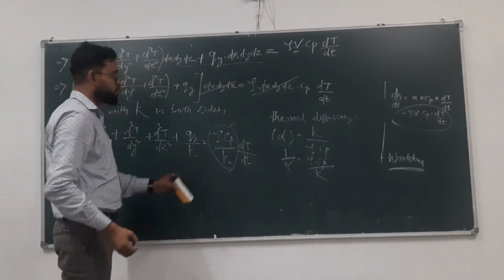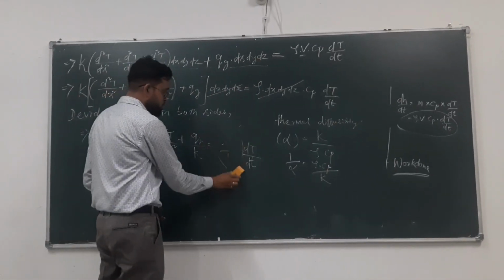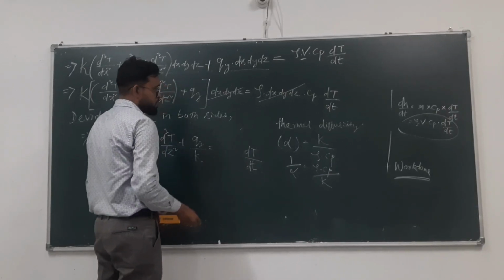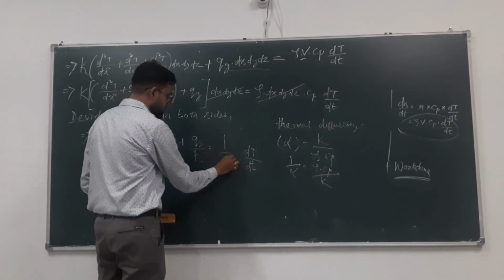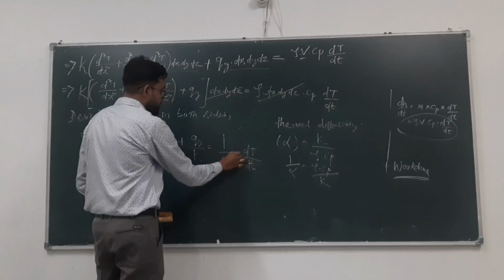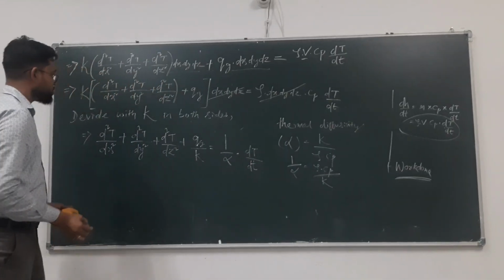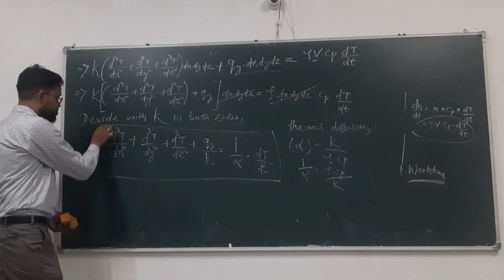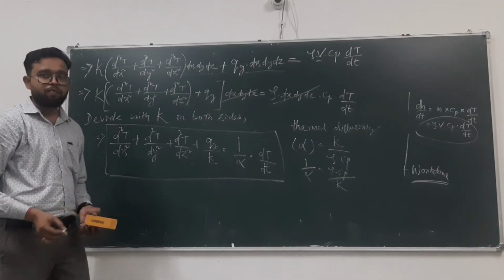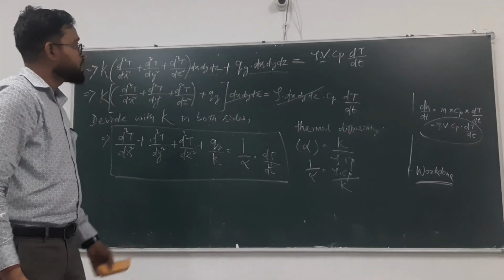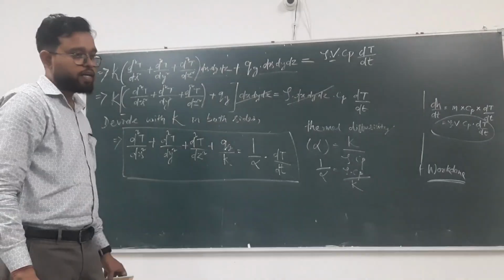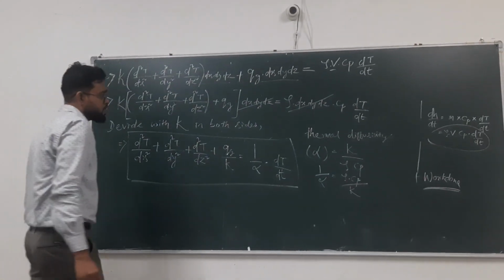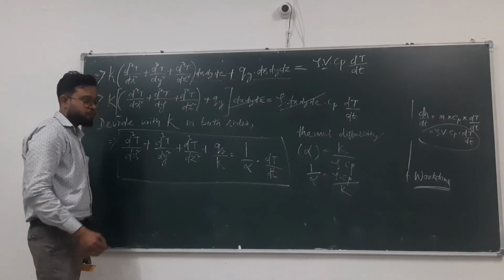So here we can put the value of 1 by alpha. This is our final equation, which is called the three-dimension equation of heat conduction.